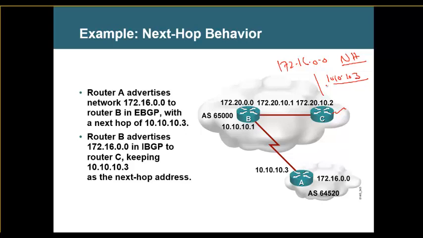It cannot ping 10.10.10.3. Router C will not be able to use this BGP update. Router C learns a network, but it cannot use the network in the routing table for packet forwarding. The reason is the next hop address is unreachable.